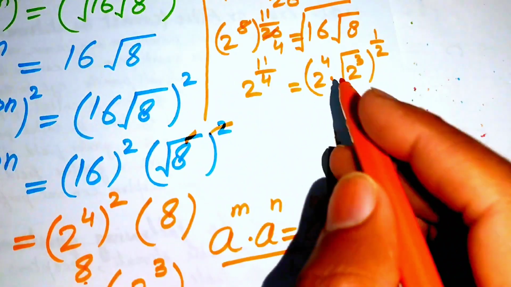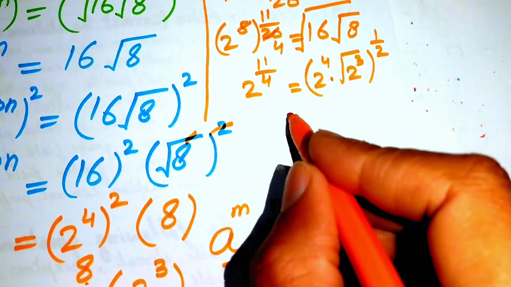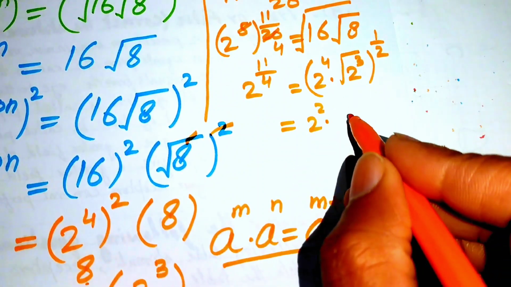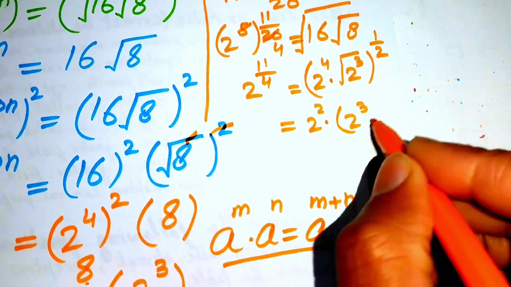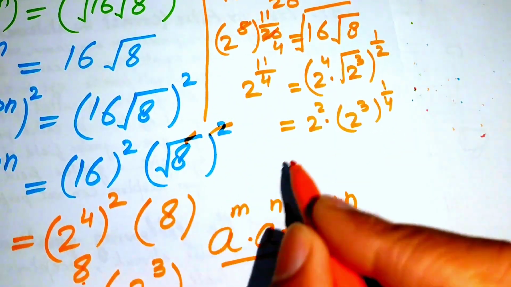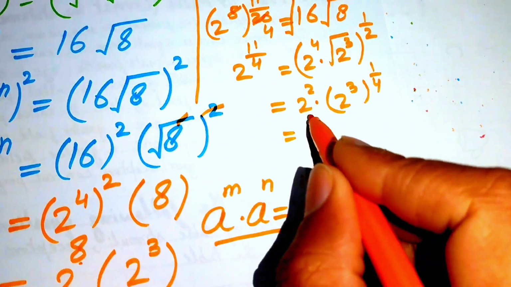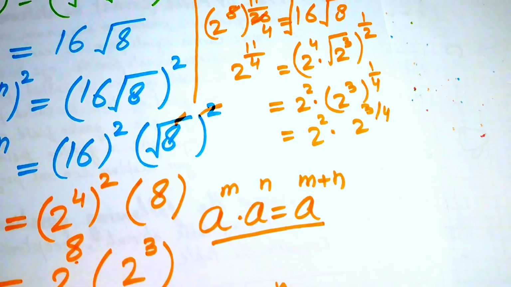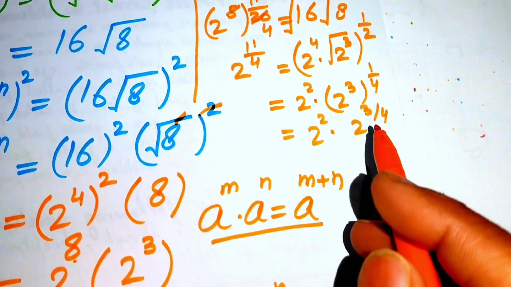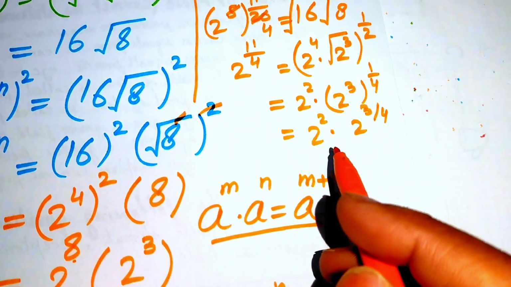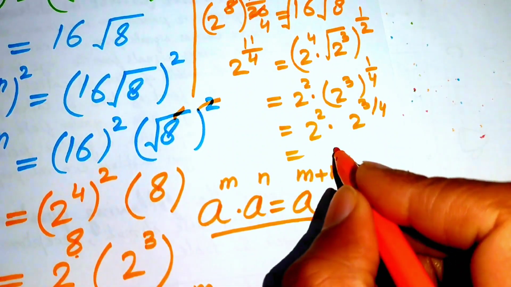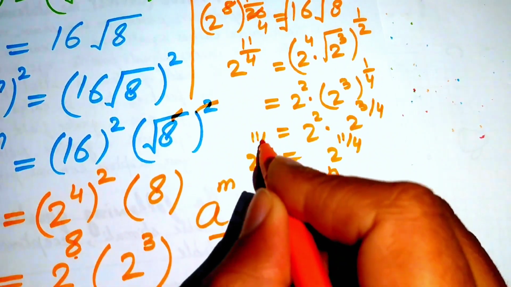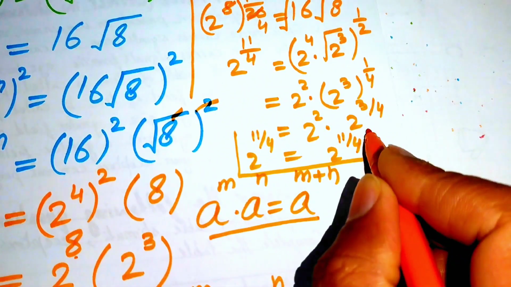So here we apply this 1 over 2 on both of these terms, and we write it as 2 to the power of 2 into 2 to the power of 3 and its whole power 1 over 4. So here we get 2 to the power of 2 into 2 to the power of 3 over 4. And when we add these two exponents, then you get 2 to the power of 11 over 4. So in the left hand side we also have 2 to the power of 11 over 4.